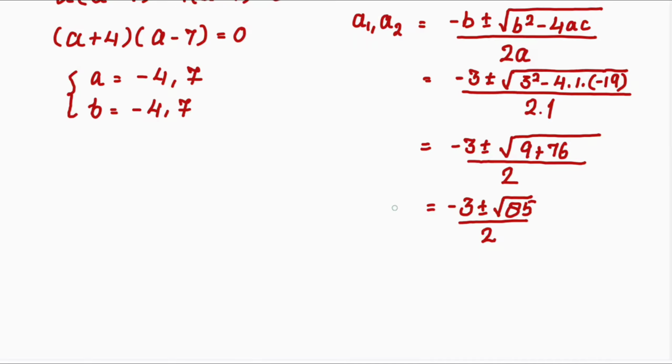So the two roots of a is minus 3 plus minus square root 85 by 2.